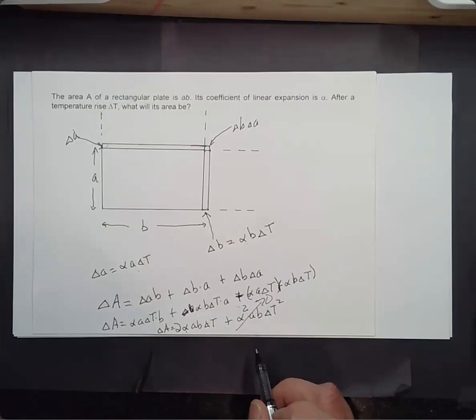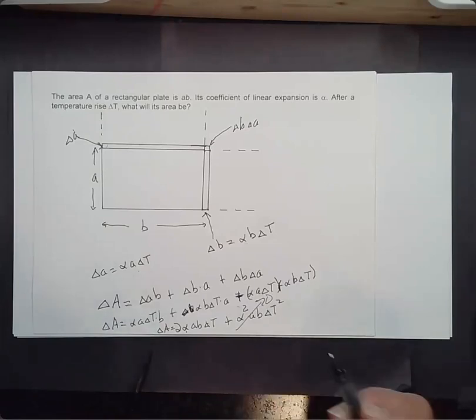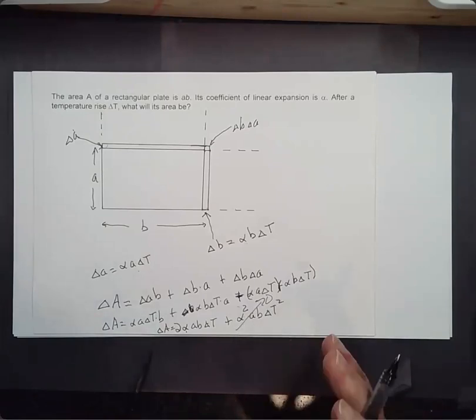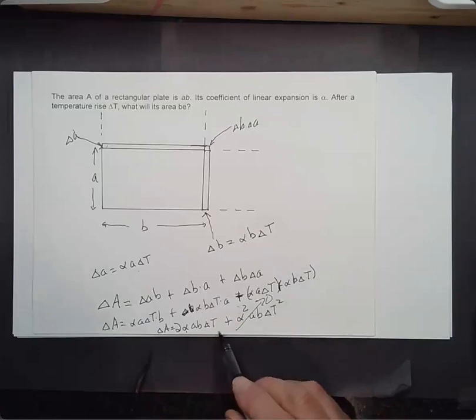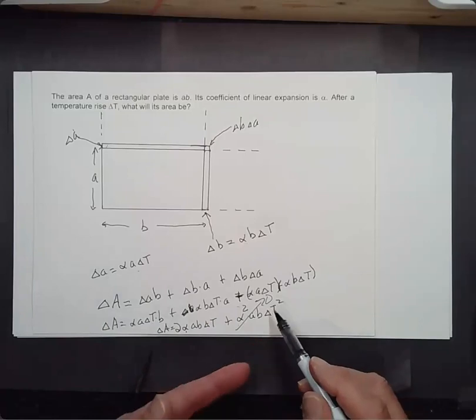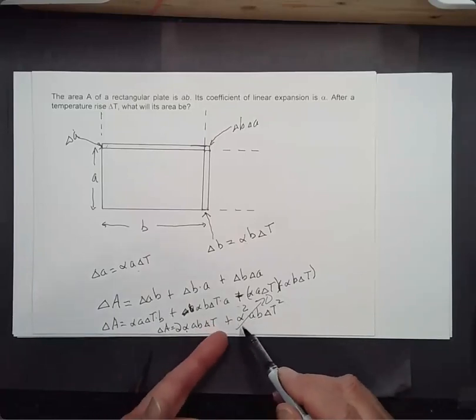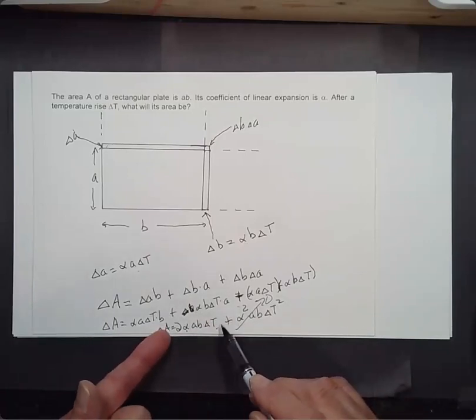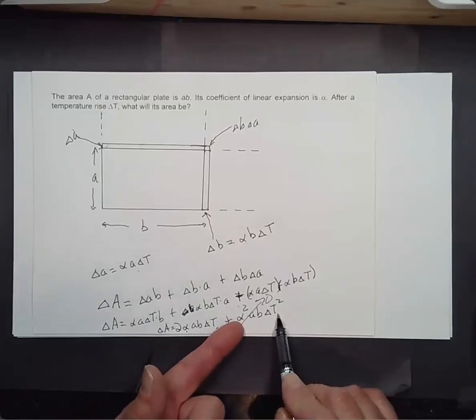And coefficients of thermal expansion are typically only known to maybe 2 significant figures at best. And so trying to go 5 decimal places past this term just isn't going to be noticeable.